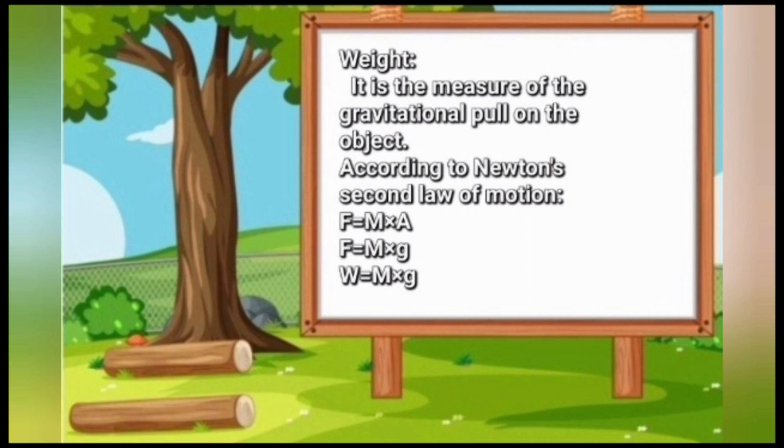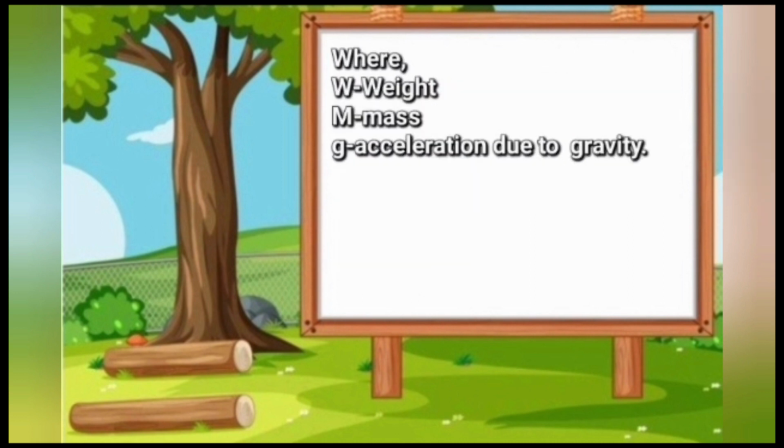According to Newton's second law of motion, F is equal to ma. Substituting the value of g in a, F is equal to mg. Substituting weight in the place of force, weight is equal to m into g, where W is weight, m is mass, and g is the acceleration due to gravity.